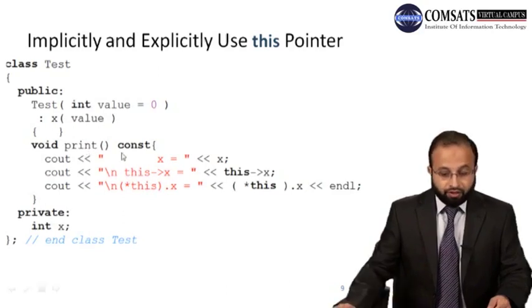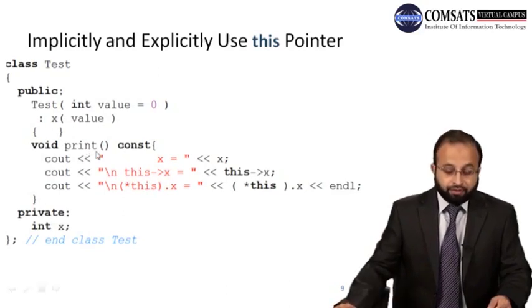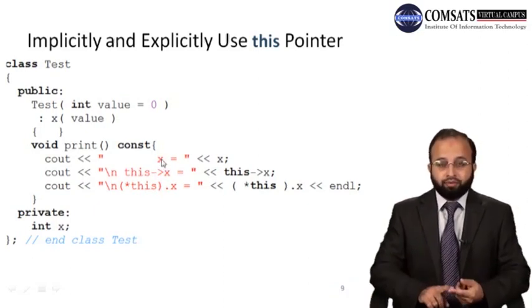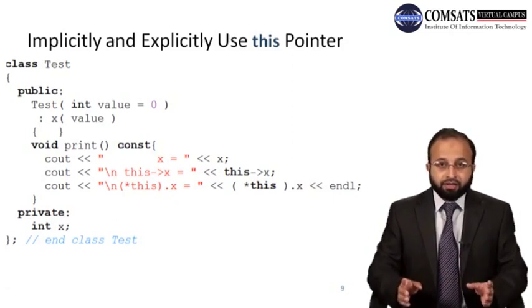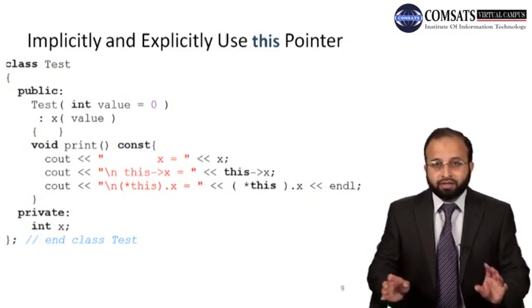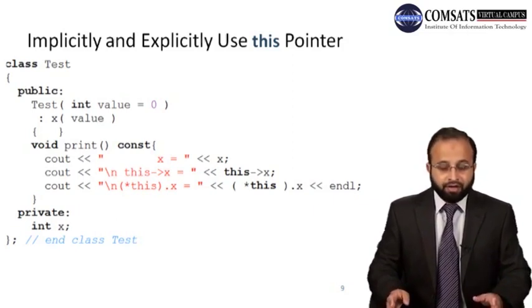We make this print function a constant function because it won't change the value of the private data member. Now in this first cout statement, we are accessing the private data member, and here the compiler will implicitly use the this pointer to access this value, right? Whenever you create an object, a this pointer for that object is created by the C++ compiler, right?